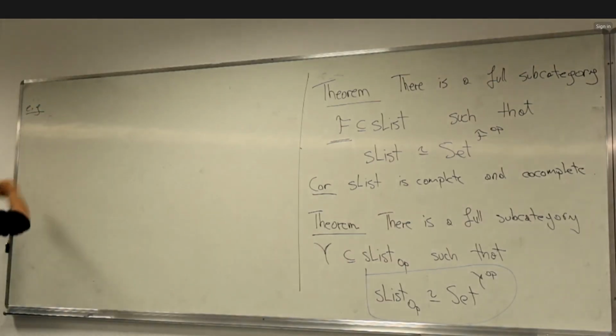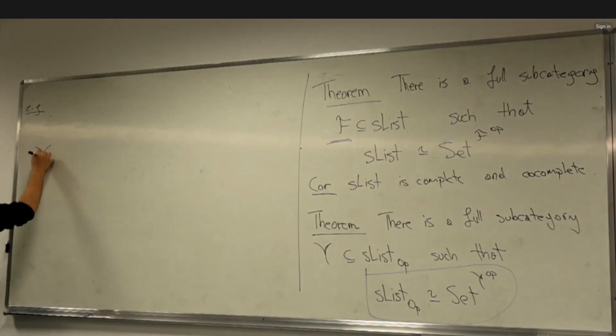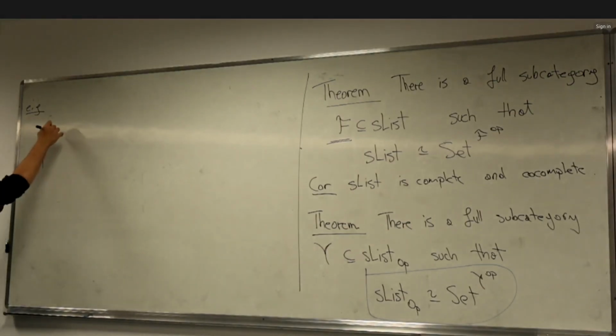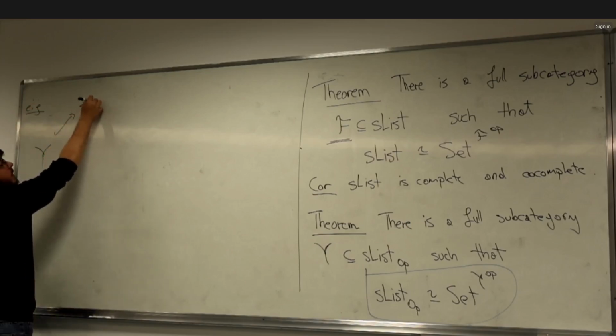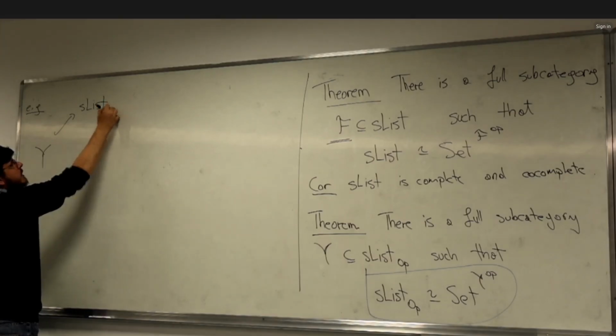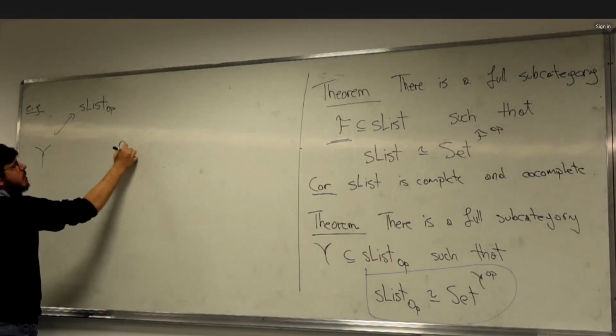Put this in as an example. Now we can take that category there. We have the Yoneda embedding into operadic simplicial lists, and we have operads.